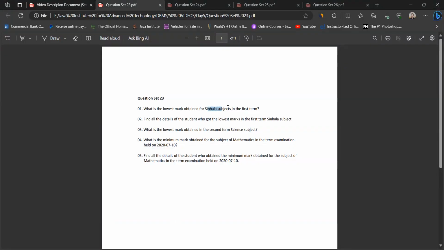for the single subject. So then the second question: find all the details of the student who got the lowest marks in the first term single subject.